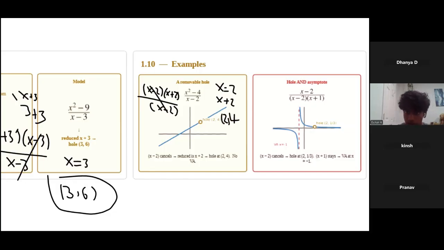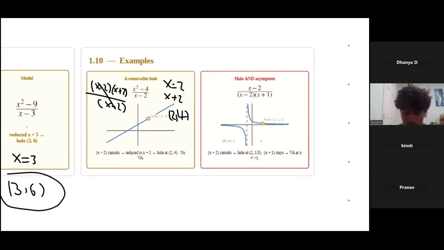Now let's look at where there's a hole and an asymptote. So here x minus 2 is canceled out. So now our function left over is 1 over x plus 1. Our hole is going to be at x equals 2 since that's what makes these 2 factors 0. So now x equals 2, and we plug that in here.